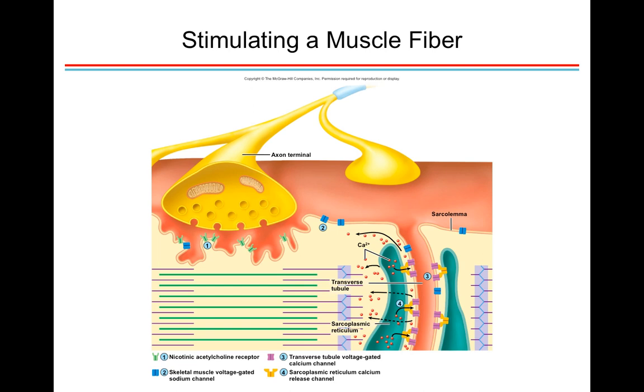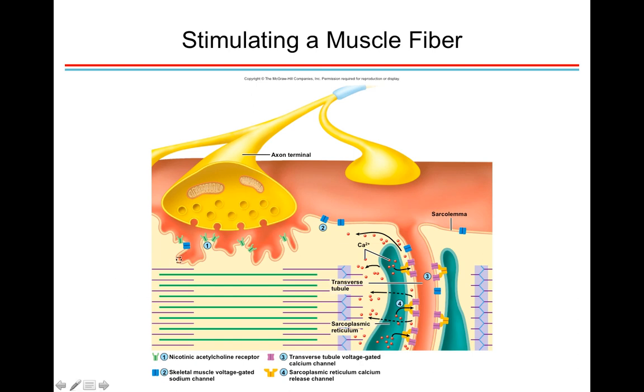This will lead to what is called the end plate potential. In the nervous system, we call it an EPSP, but in muscle cells, we don't call it an EPSP because this is not a nerve cell, it's just a muscle cell. We call it the end plate potential.